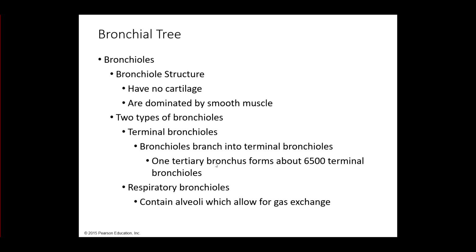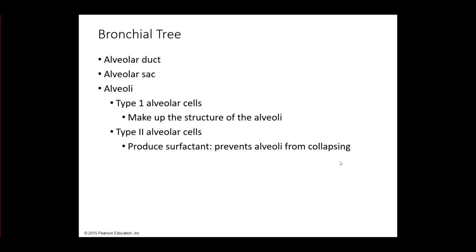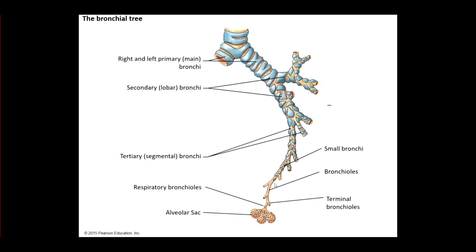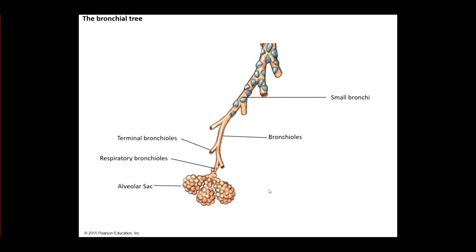One tertiary bronchus that we had mentioned before, right, the segmental bronchus, ultimately will form about 6,500 terminal bronchioles. Okay, so if you take a look here, this would be like the bronchioles. Actually, I blew this up a little bit. Here's the bronchioles here, and then these little branches coming off of here, these are going to lead towards the air sacs. These are the terminal bronchioles.